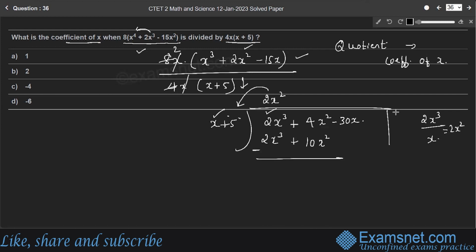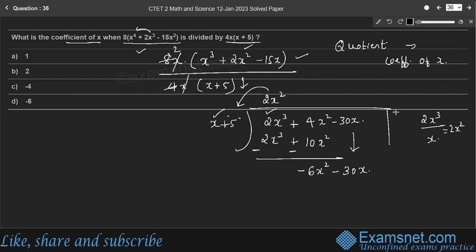Subtract the second from the first: 2x^3 minus 2x^3 becomes 0, and 4x^2 minus 10x^2 becomes minus 6x^2. Now bring down the last term, minus 30x.